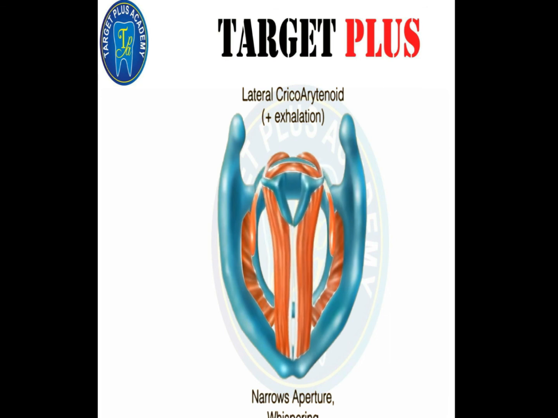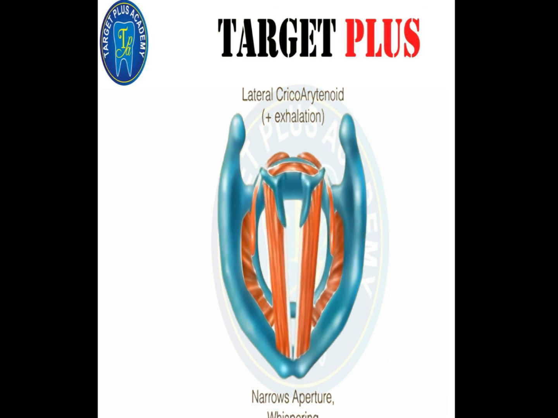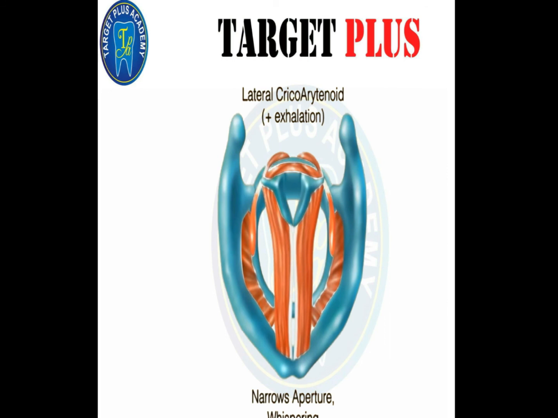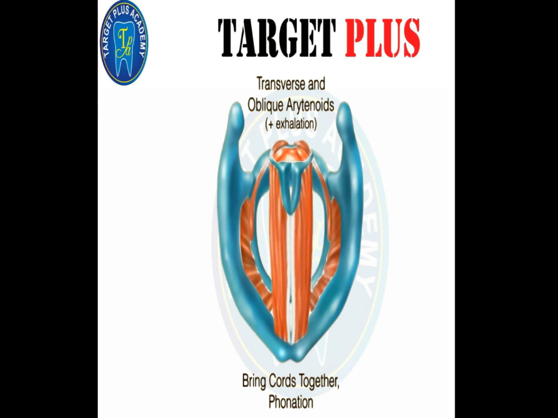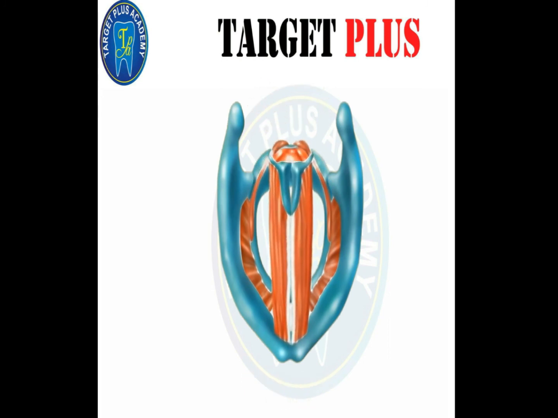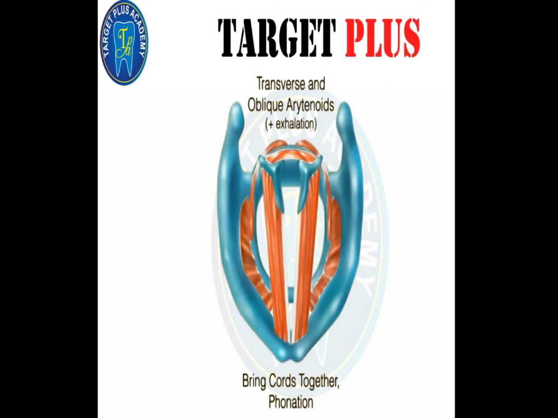They will narrow the rima glottis, modulating the tone and volume of speech. Also, the transverse and oblique arytenoids narrow the laryngeal inlet, so they close the posterior portion of the rima glottis, so they adduct the arytenoid cartilages.